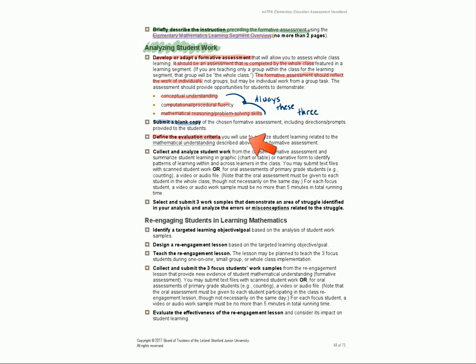So consider your evaluation criteria as looking for some kinds of conceptual understanding, looking for some evidence of procedural fluency, and your criteria looking at the means and methods students go about their problem solving. So the evaluation criteria you set out for your formative assessment should always go back to these three.